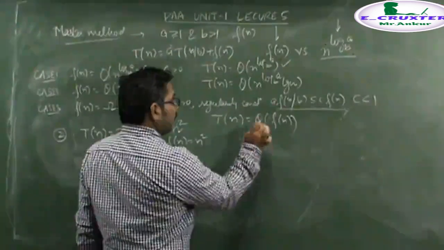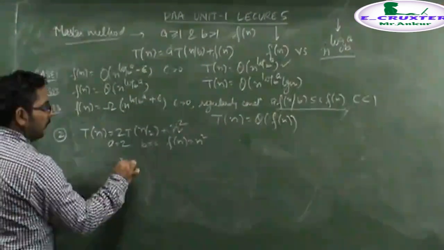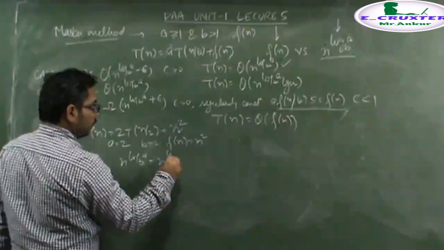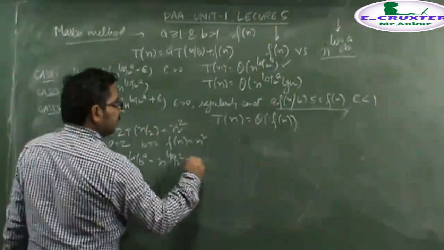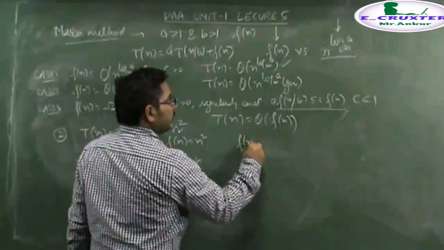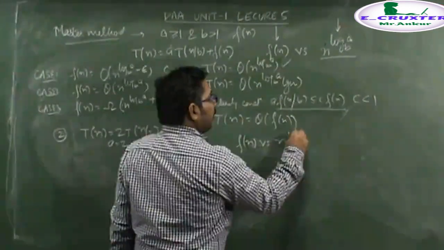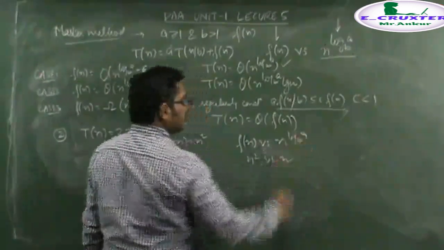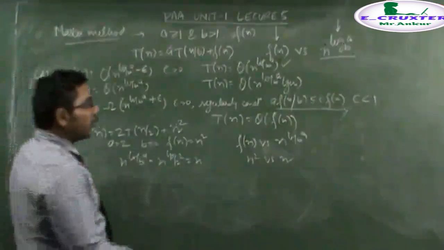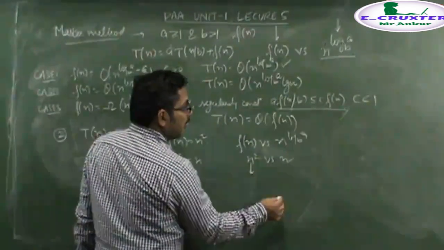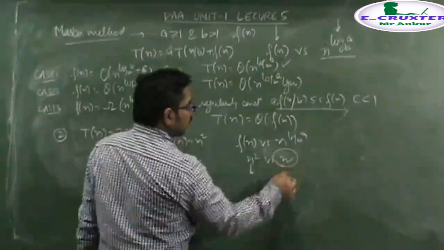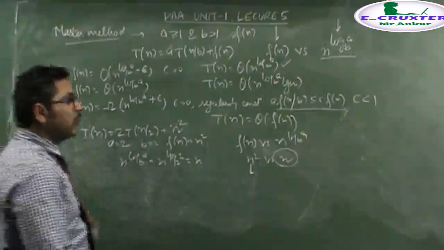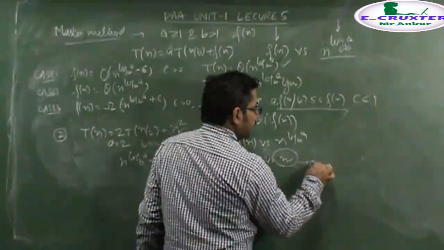Now calculating n raised to power log a base b, it will be n raised to power log base 2 of 2, that is n. Now compare f(n) versus n raised to power log base b of a. f(n) is n square versus n. You notice that the growth rate of f(n) is larger than this, so case 3 can be applied.